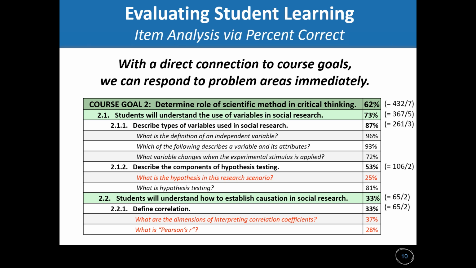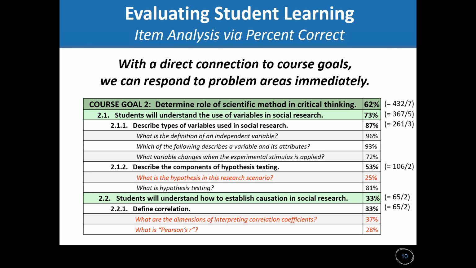If we look down below it at 2.1.2, where we're trying to describe the components of hypothesis testing, we have two questions there as well. So we're going to attempt the same kind of process here. What is a hypothesis in this research scenario? That's a tough one, and it shows. Only 25% of the students got it correct.